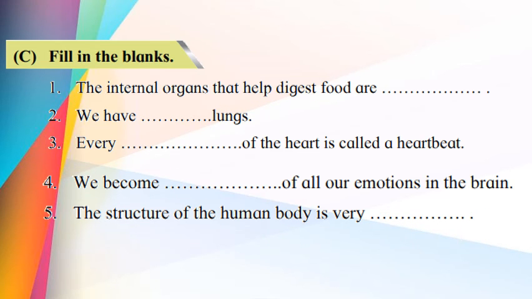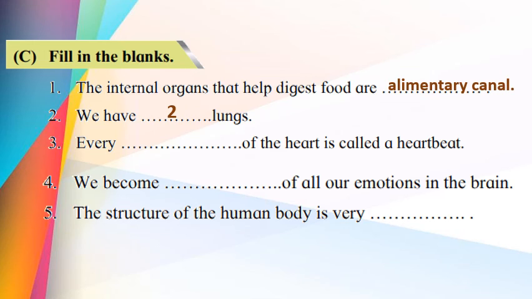Next one is fill in the blanks. The internal organs that help digest food are dash. What do we call them? Yes, you are right. Alimentary canal. Next, we have dash lungs. How many lungs do we have? Two lungs. Correct. Every dash of the heart is called a heartbeat. Yes, you know that the heart contracts and relaxes.